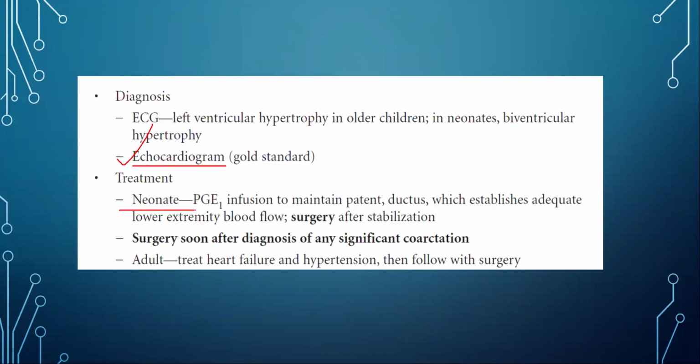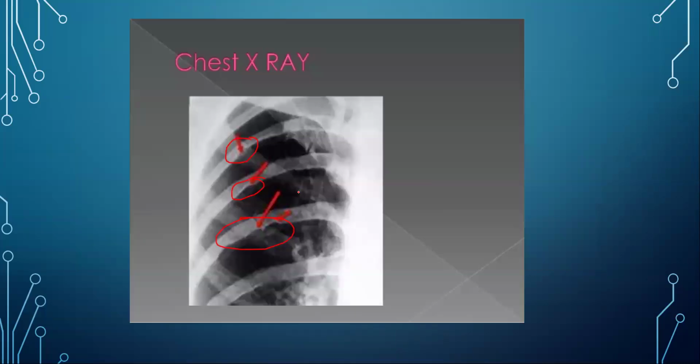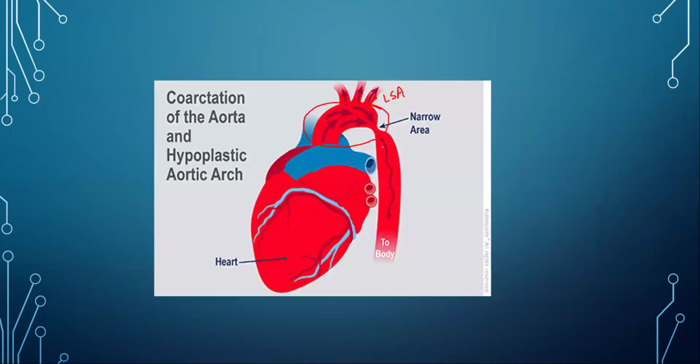Treatment. If it is a neonate, what will you do for coarctation of aorta? You will give prostaglandin infusion to maintain the patent ductus, which establishes adequate lower extremity blood flow. So what you do in this case in infants is keep the ductus arteriosus open.